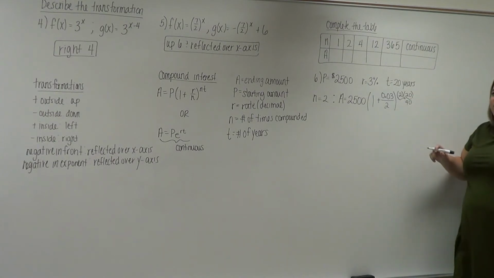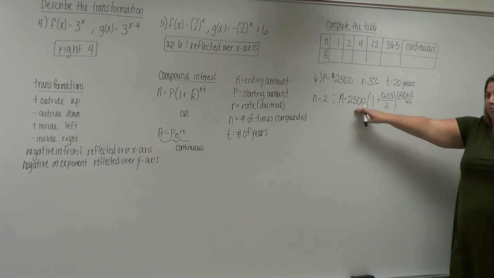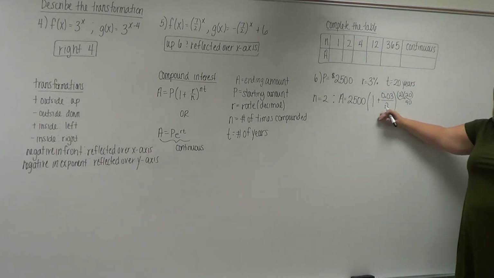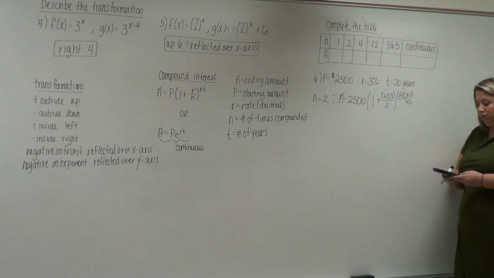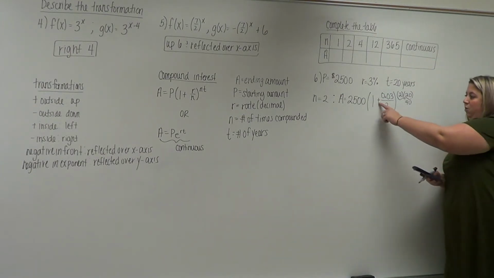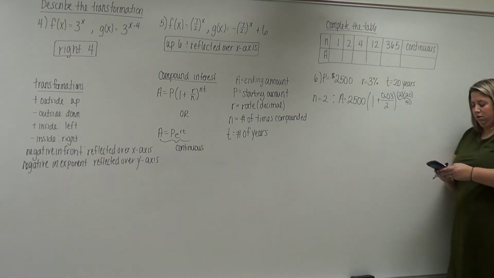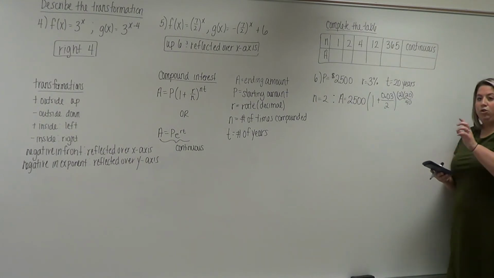So, order of operations, we're doing parentheses, then the exponent, then we're going to multiply. So we have to do our parentheses first. Dividing comes before adding. So we do 0.03 divided by 2. Then I would add 1. Then I would use my caret button.